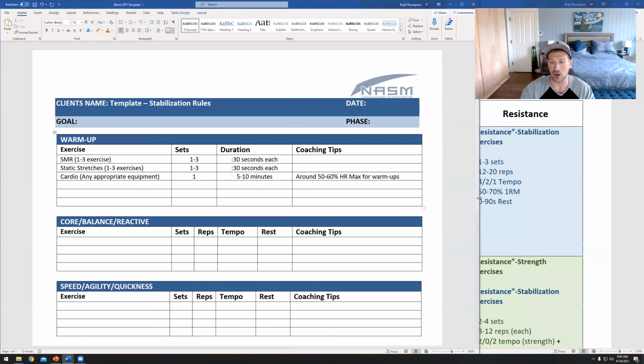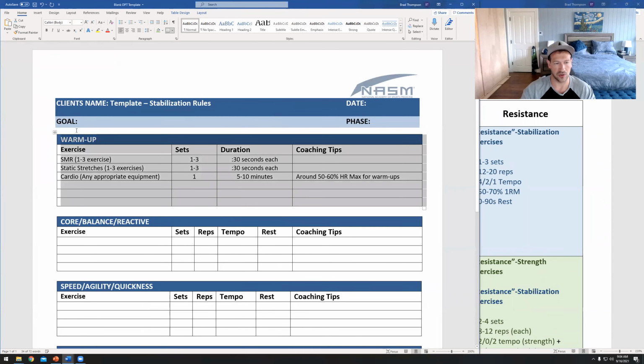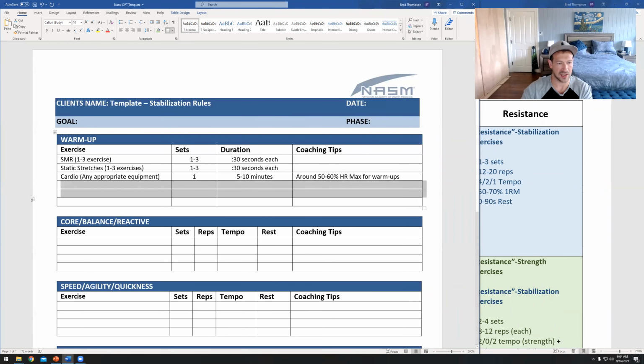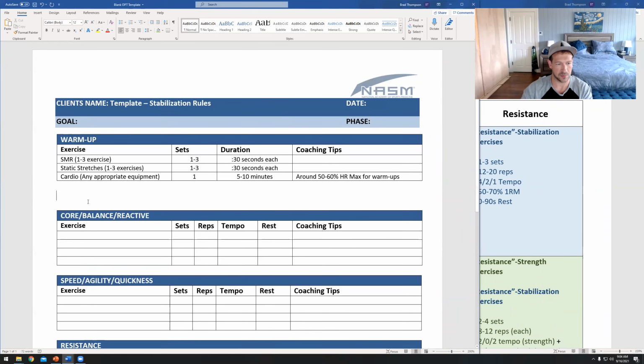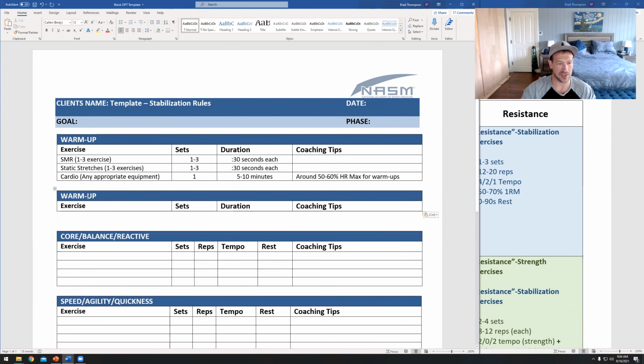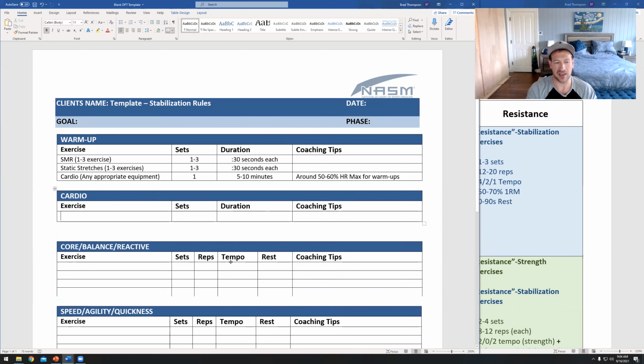But if you did do cardio, right? I'll make a little fake cardio section here. So we'll delete these extra cells, make us a little space here, paste that down, and we'll say cardio, right? Well, what that's going to be is cardio, equipment, 1 set, center that, 1 set, and then duration is going to be probably between 20 to 30 minutes.